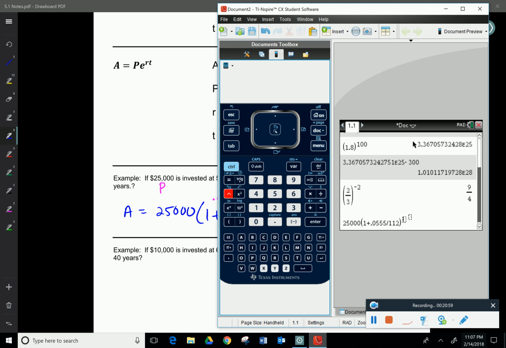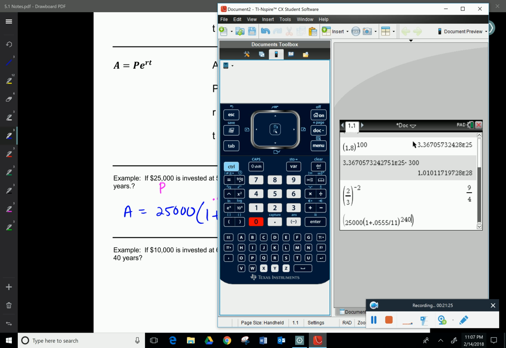So the little caret, and then, oops, I guess I did that twice, so I can delete one of them. Let's see if that works. Close parentheses first, and then to the 240.